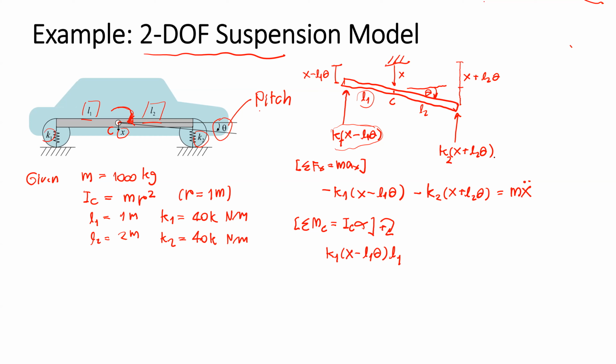And the moment due to this force is in the counterclockwise direction, so it should be negative, and multiplied by the moment arm. And it will equal the moment of inertia multiplied by the second time derivative of the pitch angle.